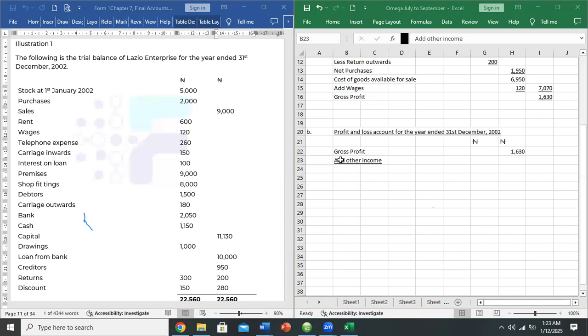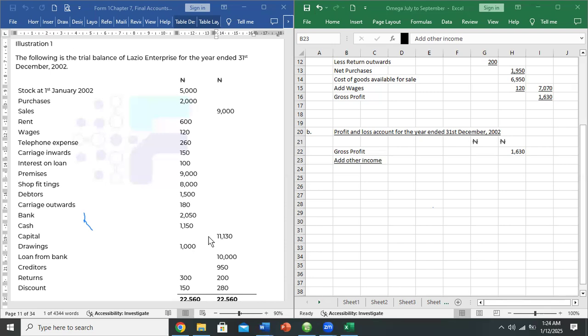Yes, Prof. Ashley, can you mention one of the other income? We are looking for the other income, so if you can identify one from the trial balance. Did you get the question now? Yes, please.